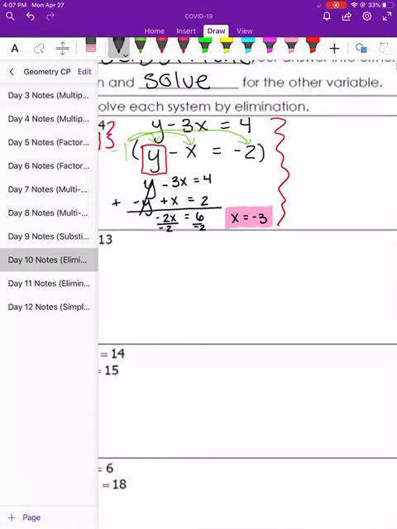So y equals x minus 2. I'm going to plug in that x, so I get y equal negative 3 minus 2, so y equal negative 5.